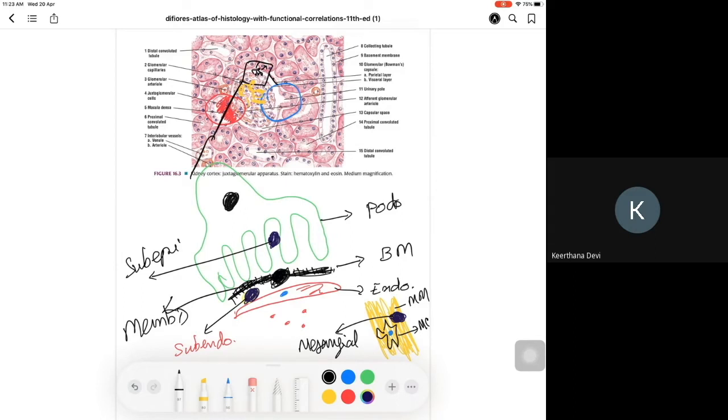So the deposits can be again 4. It can be subendothelial deposit, it can be membranous deposit, it can be subepithelial deposit, or it can be mesangial deposit. Subendothelial, for example, we will go for SLE. Membranous, we will go for dense deposit disease, DDD, okay, where there is membranous deposit.